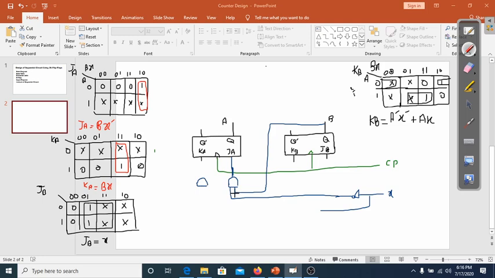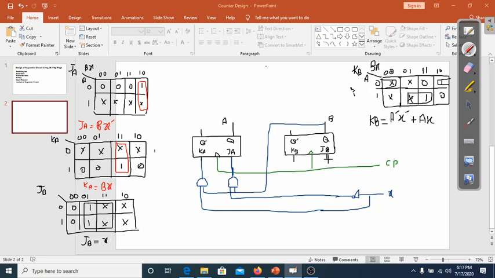So this AND gate will AND with the B and with x. Now JB is equal to x, which is obvious.